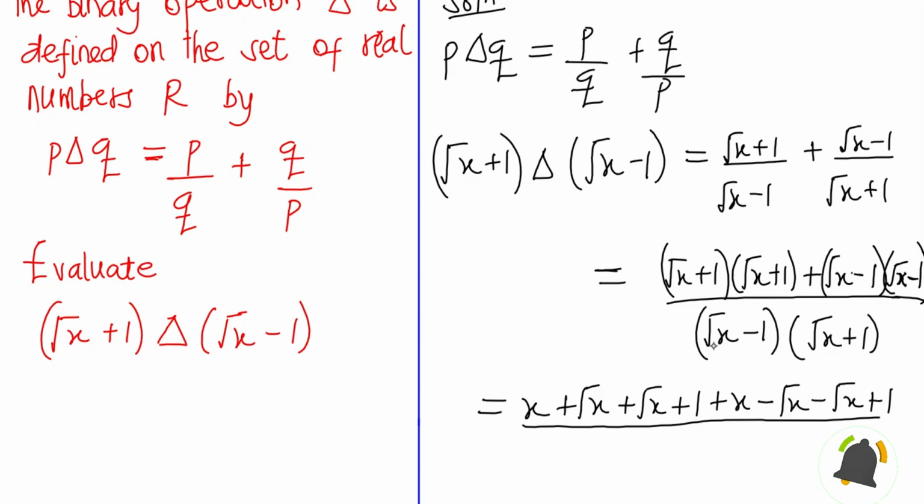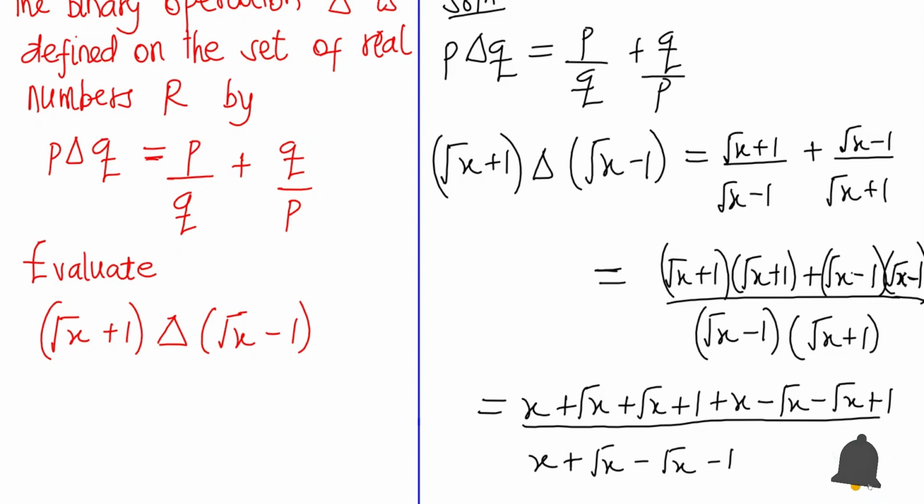So square root of x multiplies square root of x, that gives us x, and then square root of x multiplies 1, that gives us plus square root of x. And when we come here, minus 1 multiplies square root of x, that gives us minus square root of x, and minus 1 multiplies positive 1, that gives us minus 1.